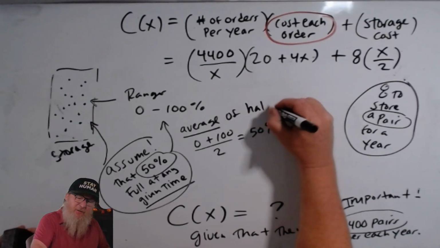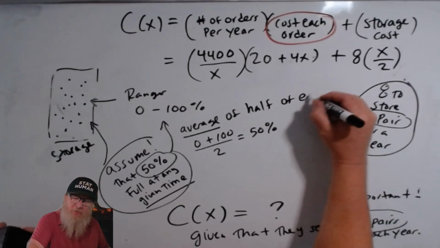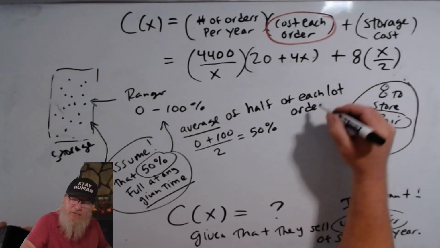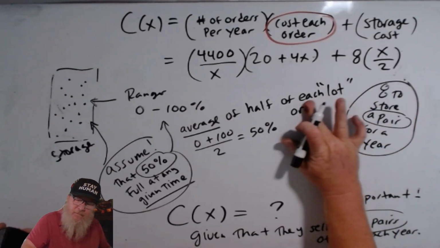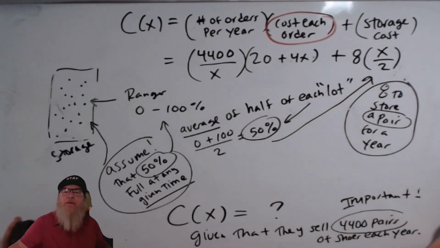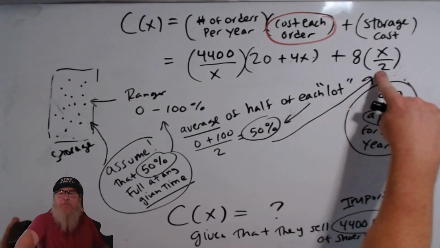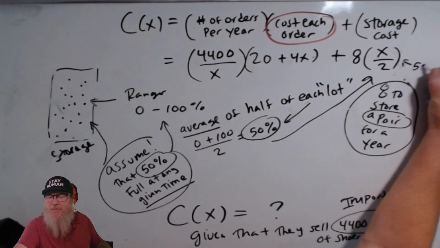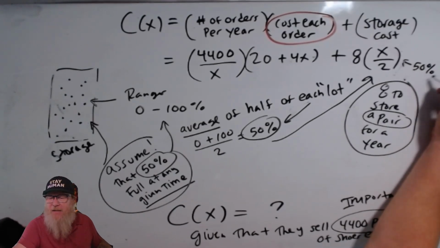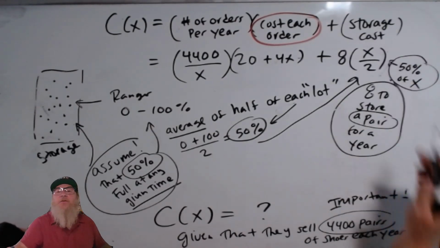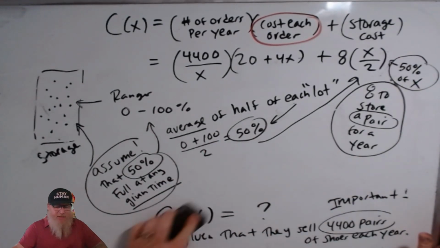So an average of half of each order, or each lot, remains in storage. You could say 50% or you could say X over 2. This just means 50% of X. X over 2. And there you go. That's it. That's your cost function.